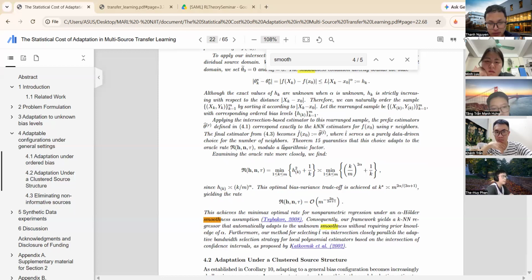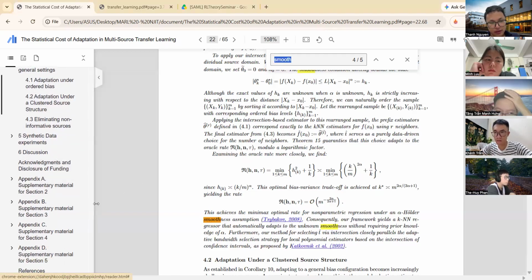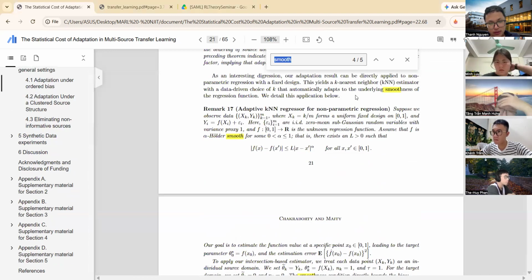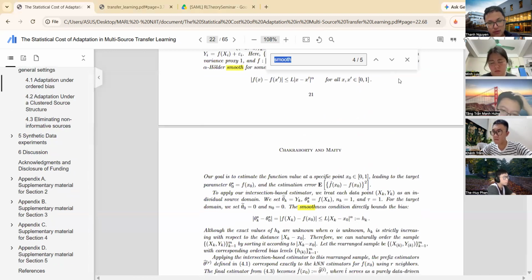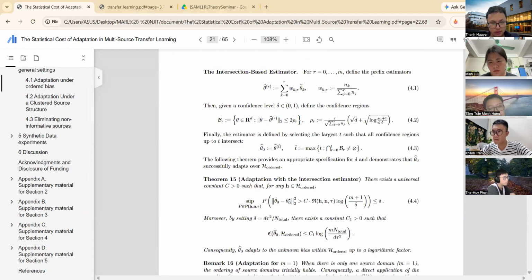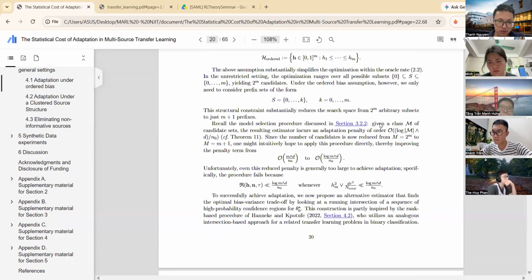Then they say that if you consider a non-parametric model with smoothness, where points local to each other have similar values, controlled by Lipschitz or Holder smoothness, the intersection estimator also achieves the minimax transfer rate. That's what they try to say.